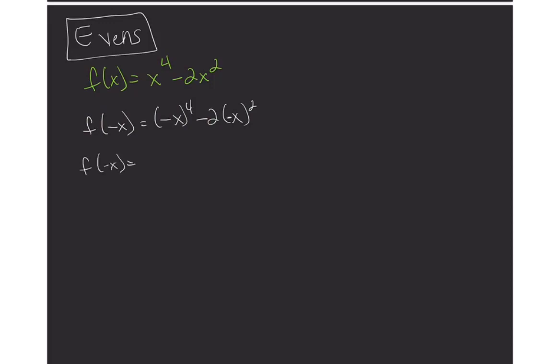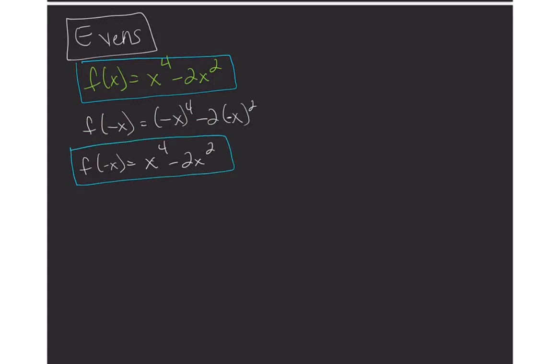And then when we simplify it, we get x to the fourth minus 2x squared. And what do we notice about the original and when we put in negative x?